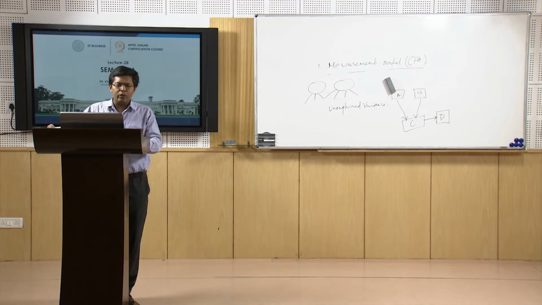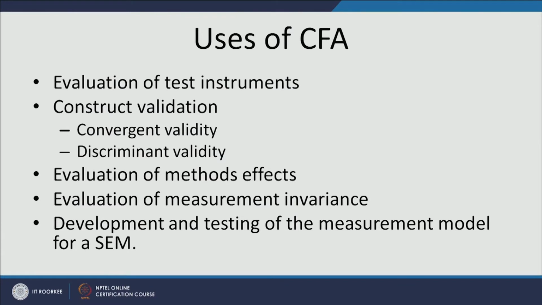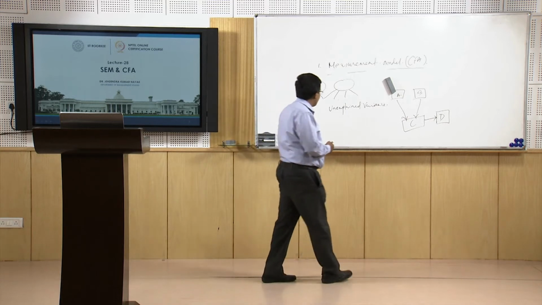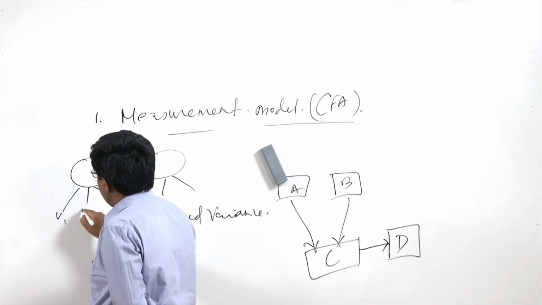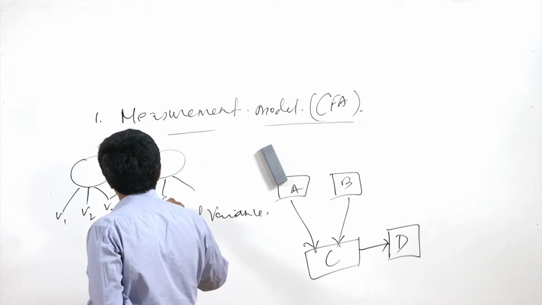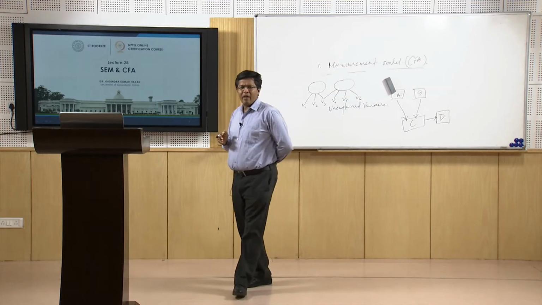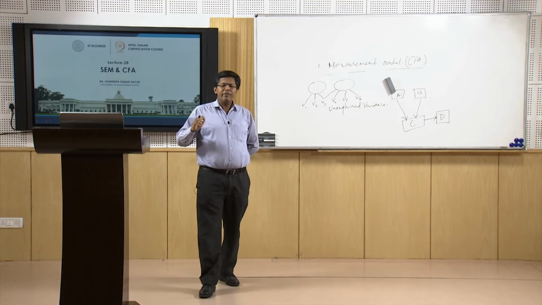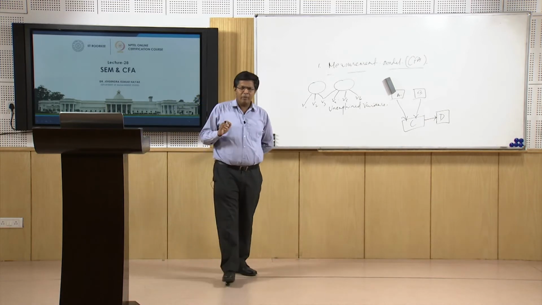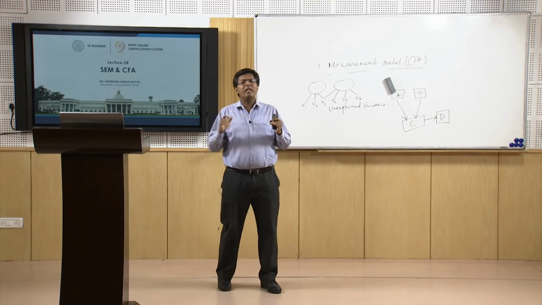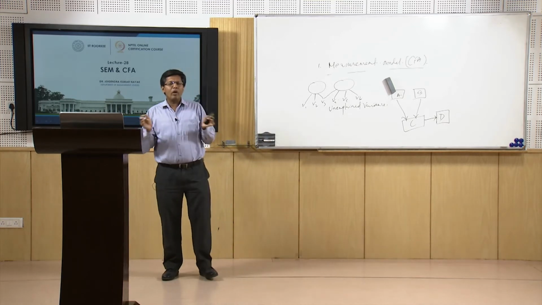CFA is used for the evaluation of test instruments, that means my constructs, to evaluate whether the constructs that I am using are valid enough or not, the validity. Construct validation is done by convergent validity and discriminant validity. Suppose these are the variables; they will have a higher convergent validity if the inter-item correlation, that means the correlation among the variables, is sufficiently high, so they are correlated with each other.